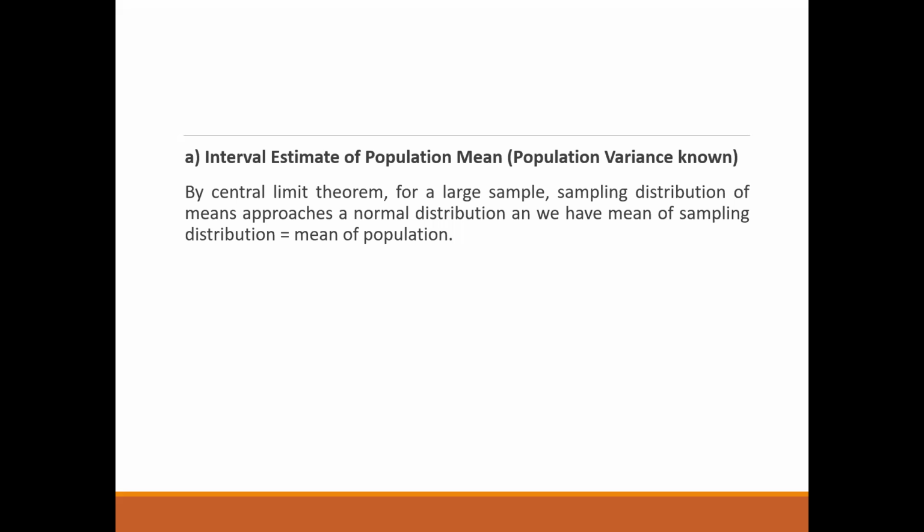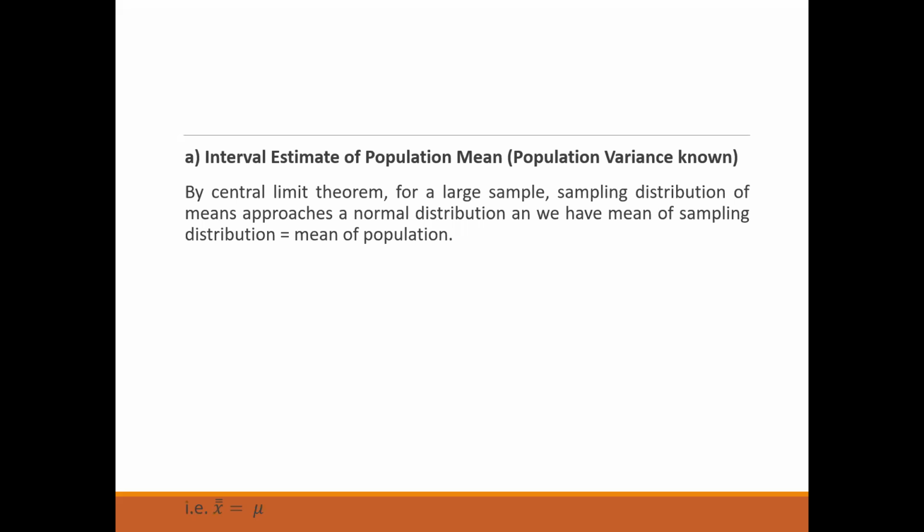The mean of sampling means is taken as x with a double bar on top. And if I have to say only sample mean, then we take x with a single bar.